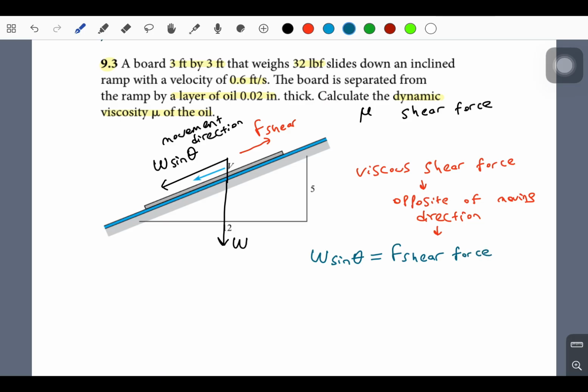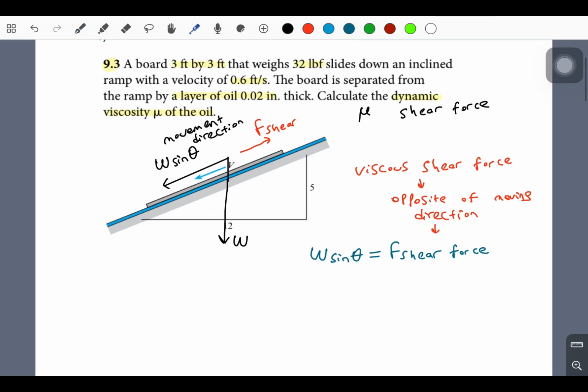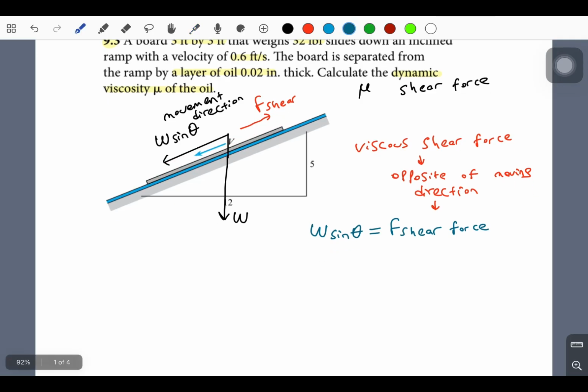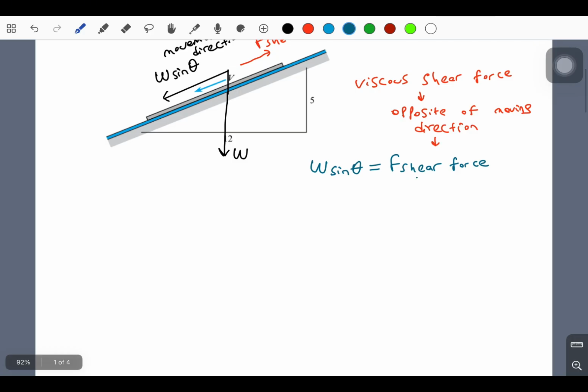So when we say shear force, it is the force that acts tangentially. So here we can see that it is acting this boat tangentially. So shear force is, let me write Fs, is calculated with this equation, which is shear stress times area.